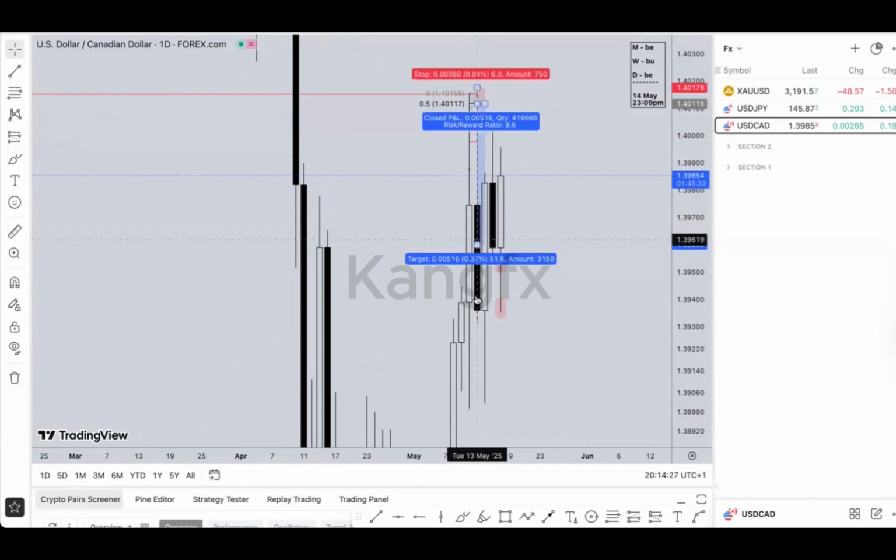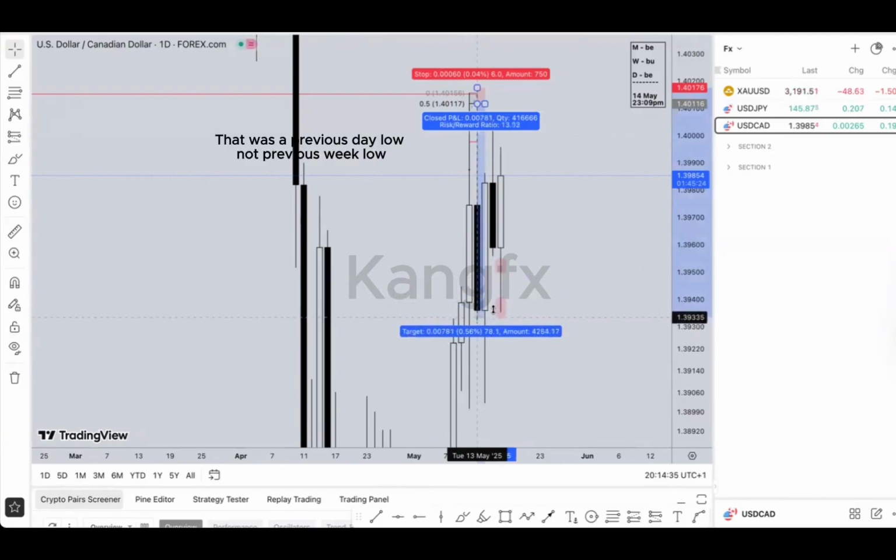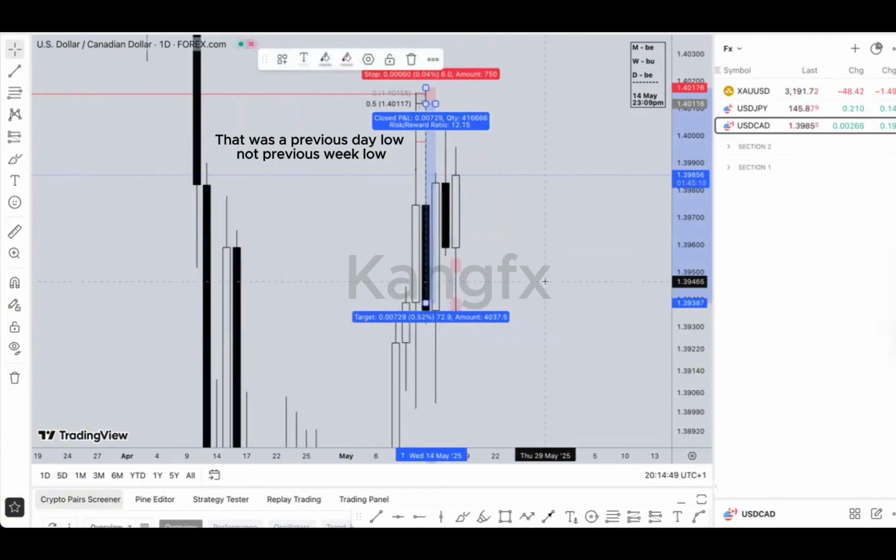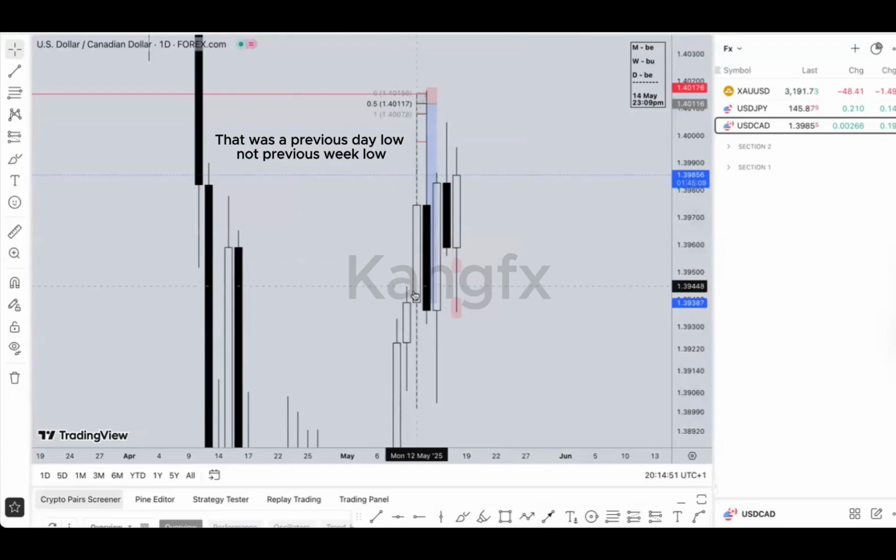So the closest key level was this OCL here. This OCL was a key level, and also the previous, let's say, the previous week low. You see that before this previous week low, we also had this OCL here, which was also valid for us to take out our TP.